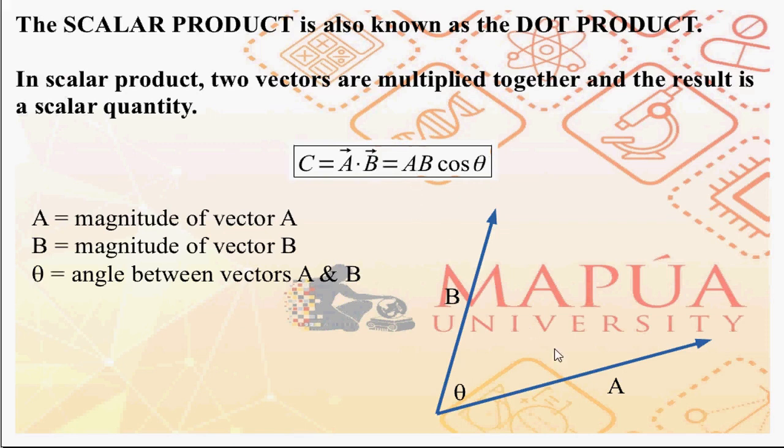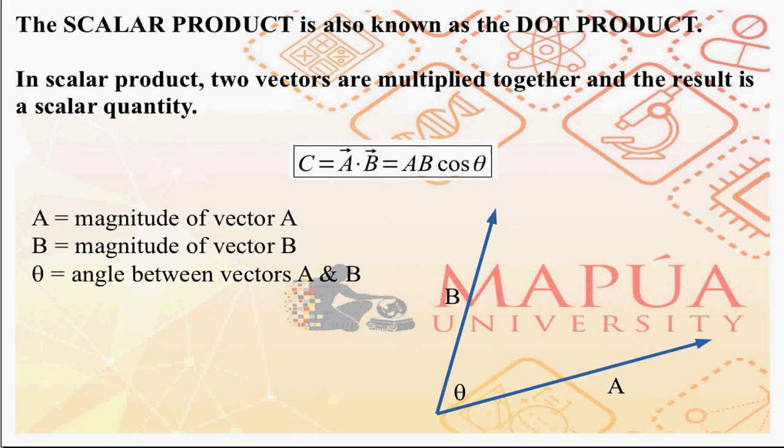So magnitude of A is positive, magnitude of B is positive, so positive times positive. Whether C, the scalar product, will be positive or negative will depend upon cosine theta. Will depend upon the value of the angle between A and B.